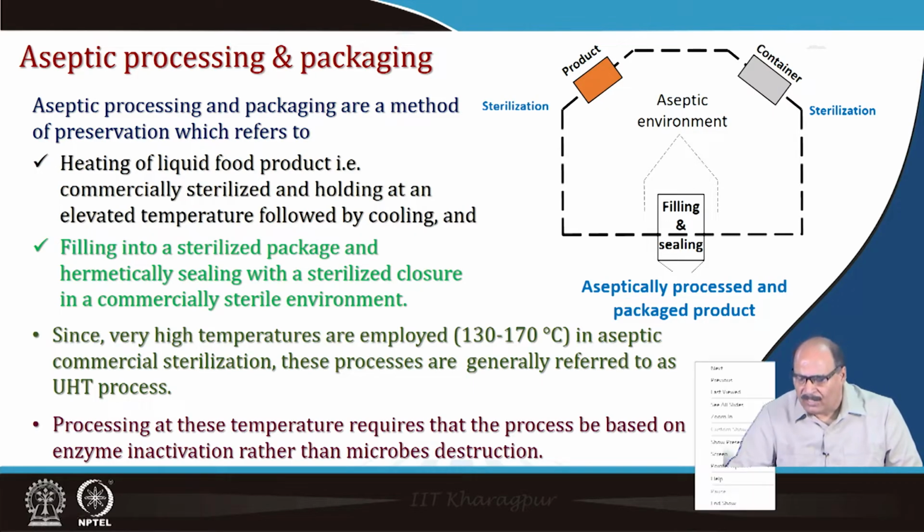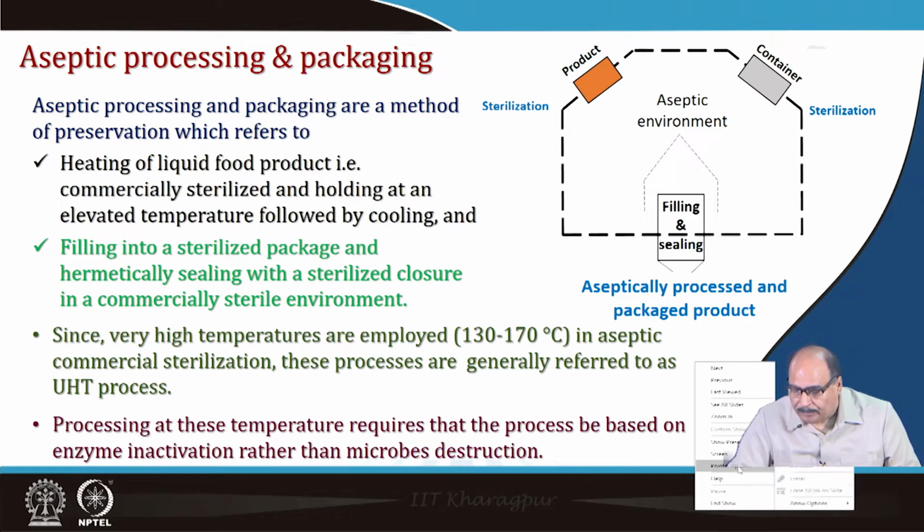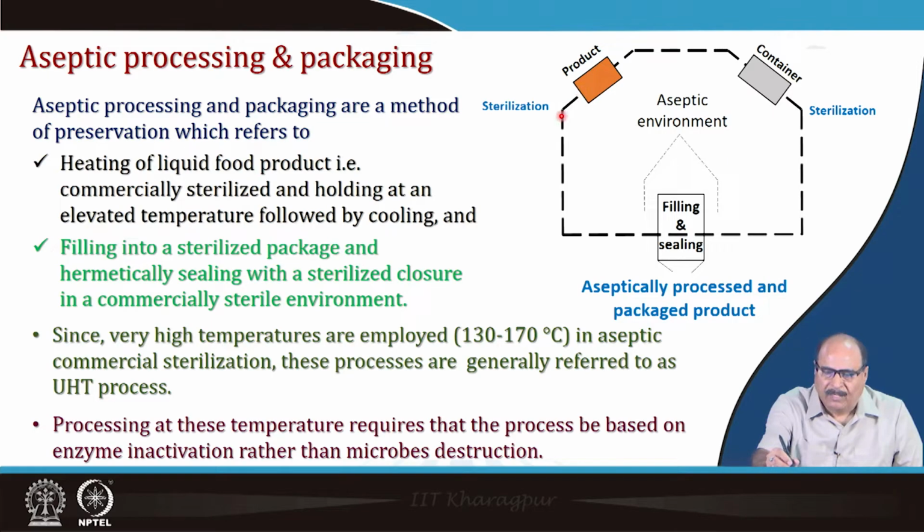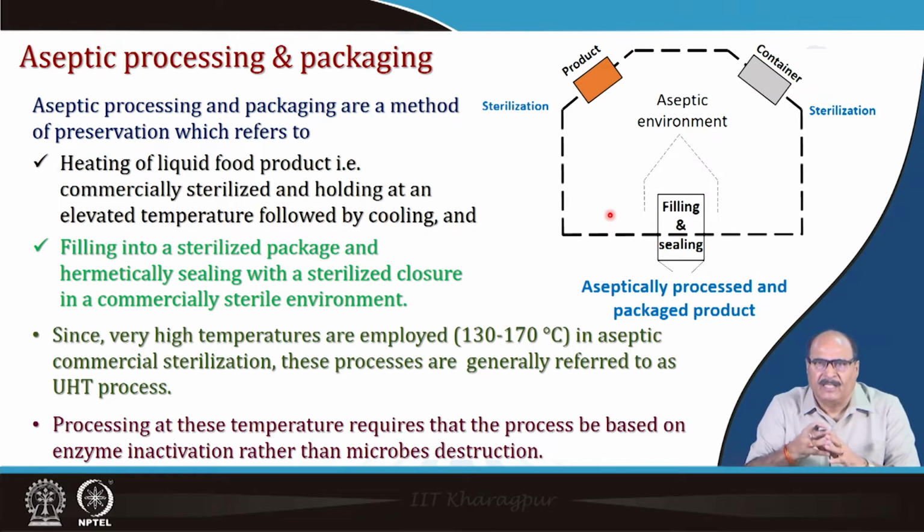As you can see here in the figure, there are two lines here, one is the product line and another is the packaging material line. So, both the product and packaging material have specific systems which we will discuss a little later.